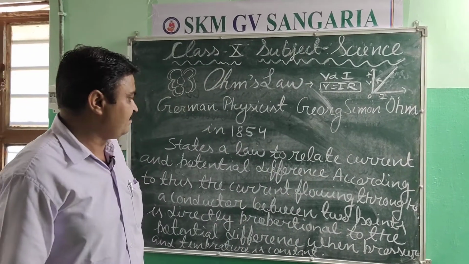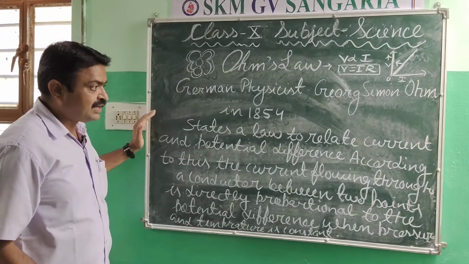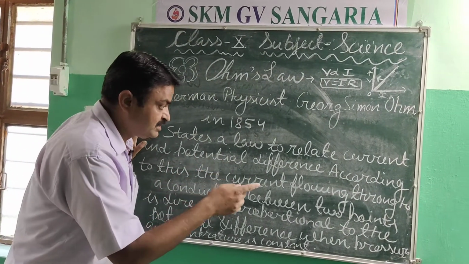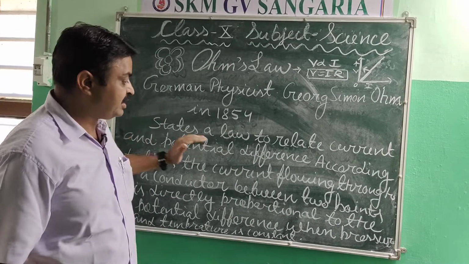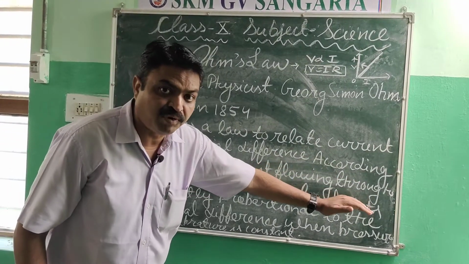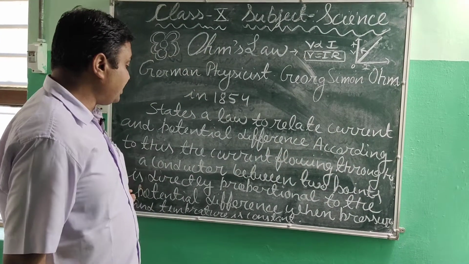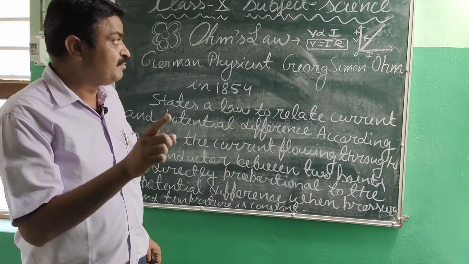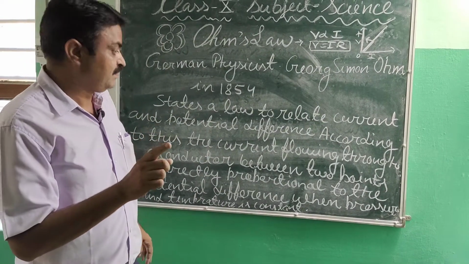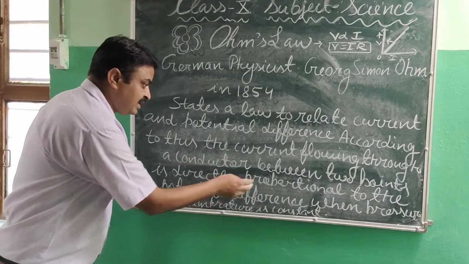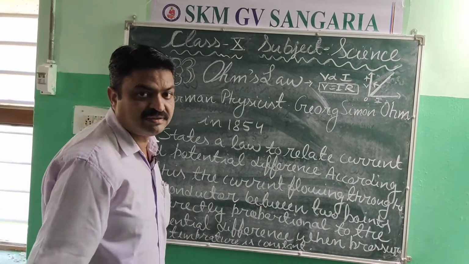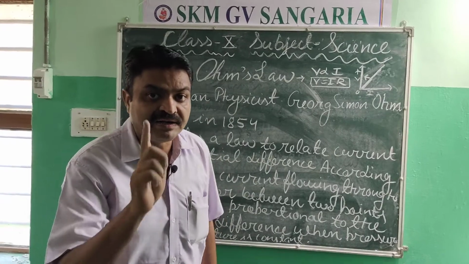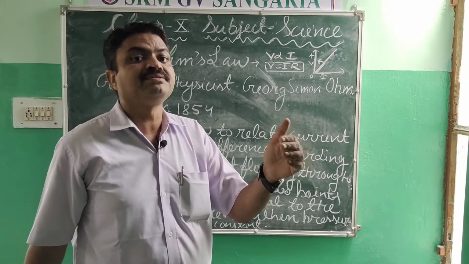According to this law, the current passing through a conductor between 2 points is directly proportional to the electric potential, if the physical conditions like pressure and temperature remain constant.